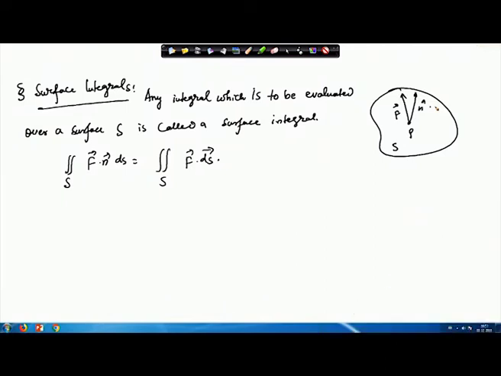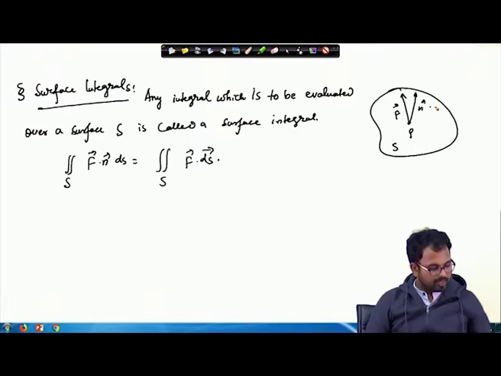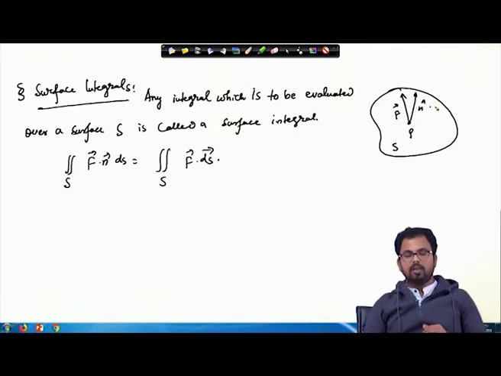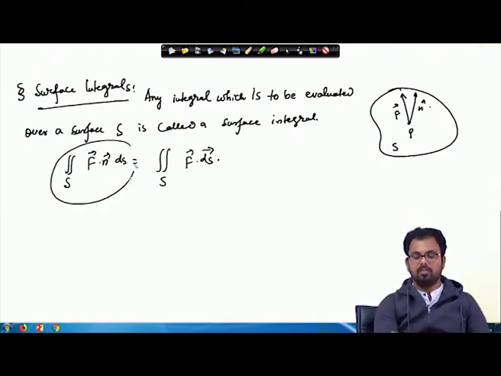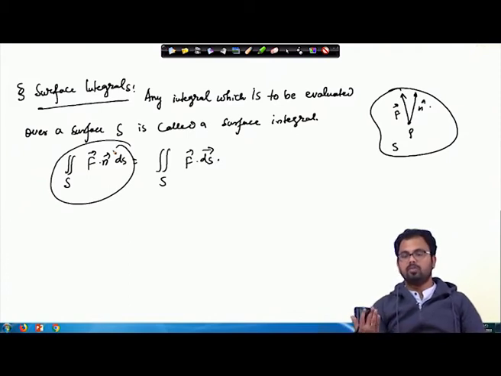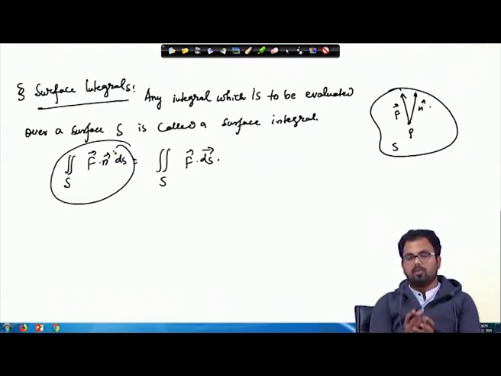Now, when we evaluate the surface integral, we have to remember certain ways of evaluating it. This is given as an abstract definition of the integral of the component of f along the normal n over the surface S, but when we need to evaluate it, we need some kind of formula.